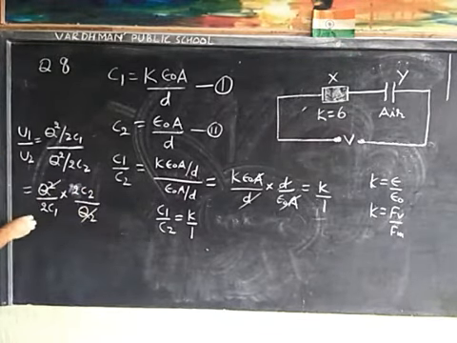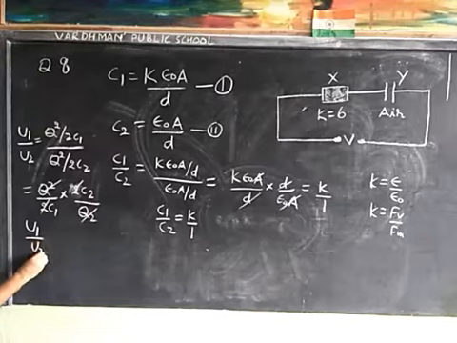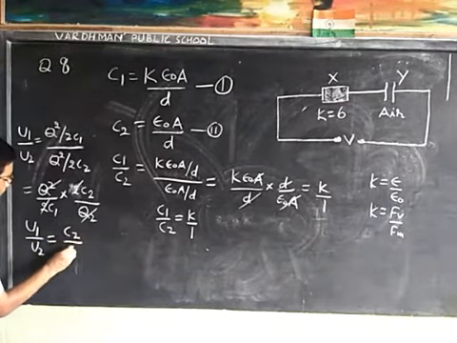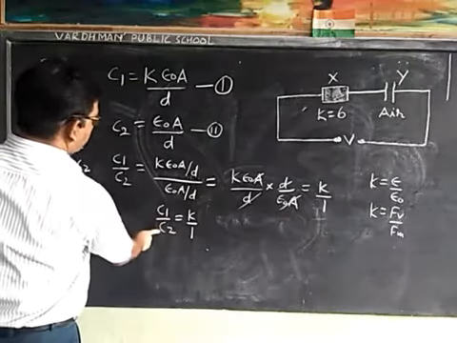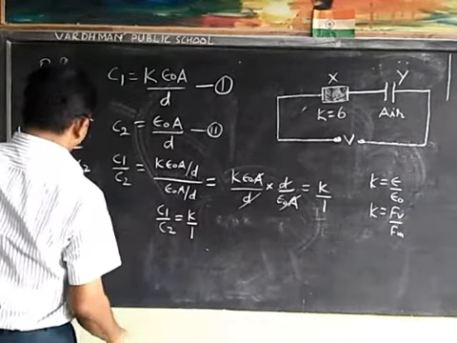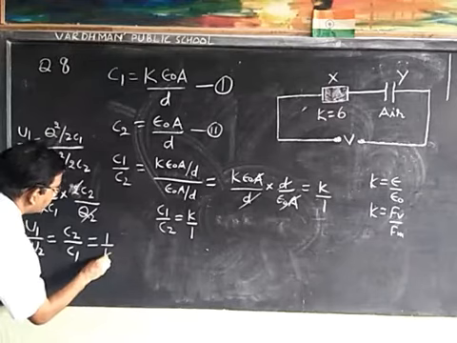Now cancel Q square and 2. Thus U1 upon U2 is equal to C2 upon C1. Now we have seen C1 upon C2 is equal to K upon 1, then C2 upon C1 is equal to 1 upon K.